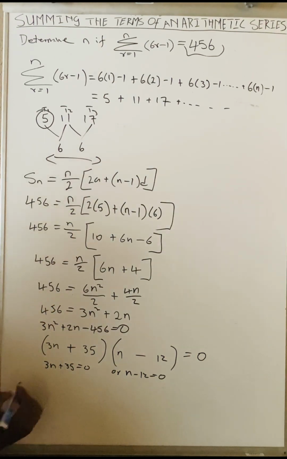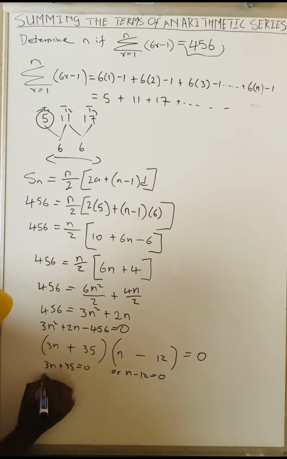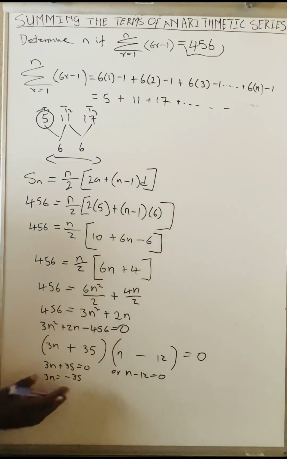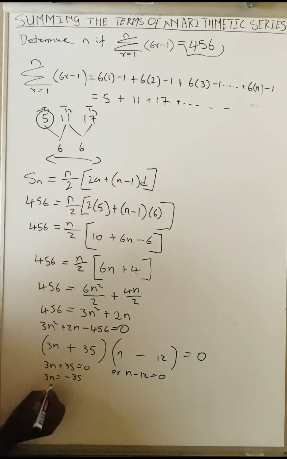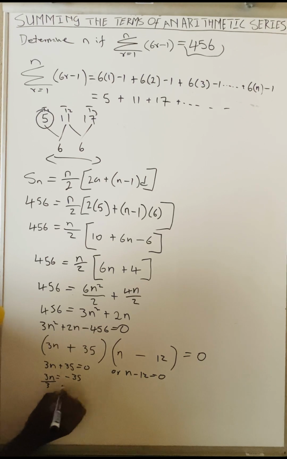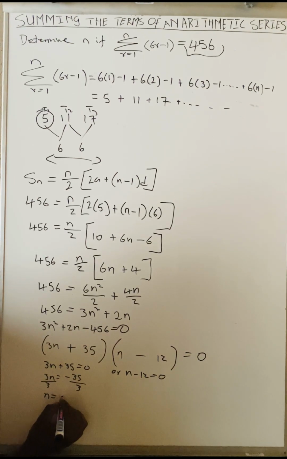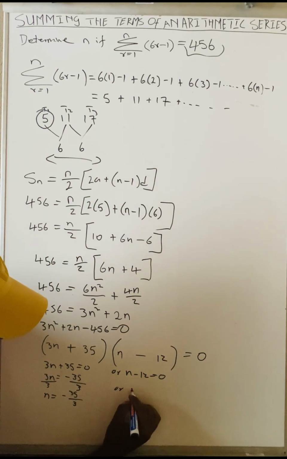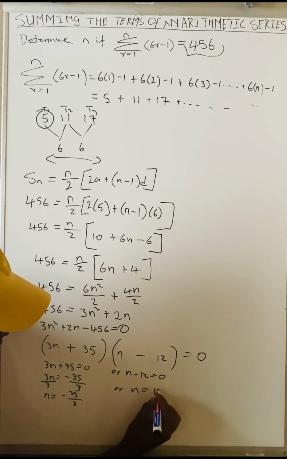From here, you solve for n. 3n is equal to negative 38, and you need n alone, so you divide both sides by 3. Then n is equal to negative 38 divided by 3, or n is equal to positive 12.